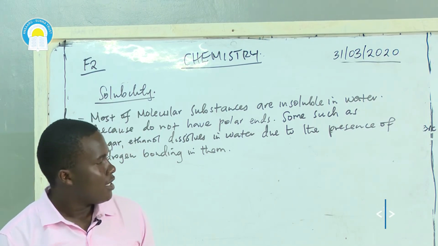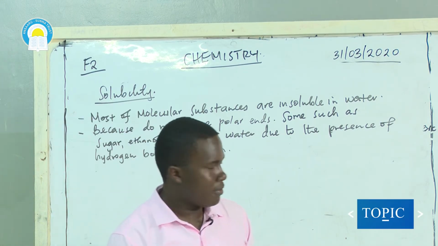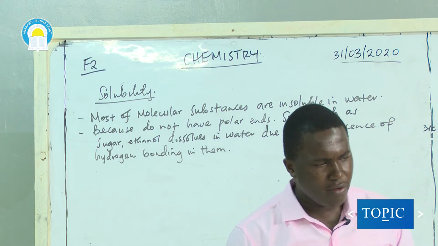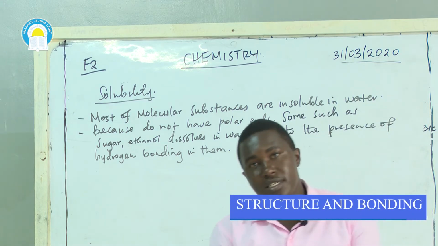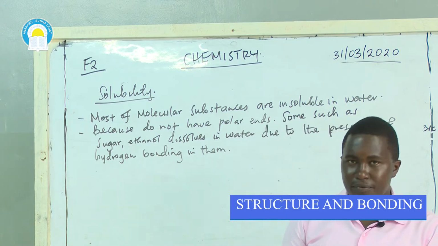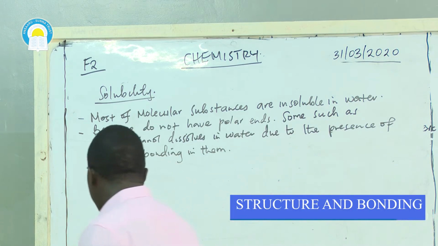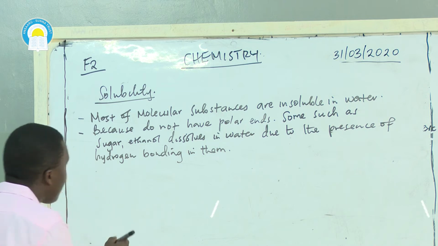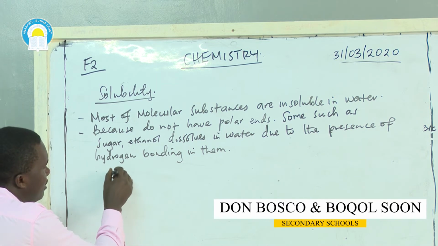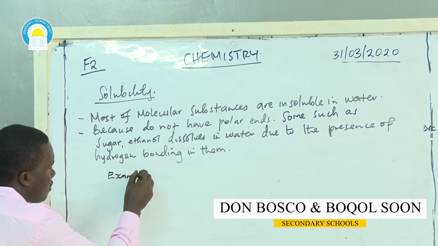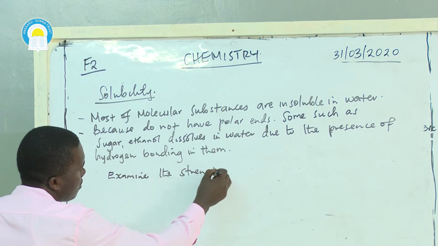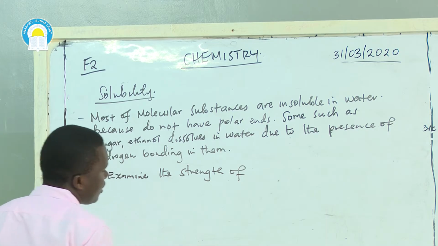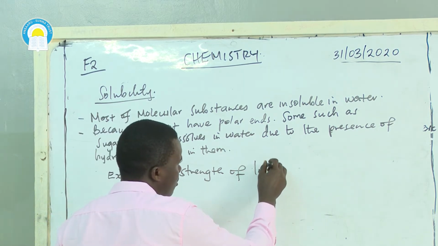So the relationship between the strength of the intermolecular forces can also dictate some of the properties of these molecular structures. For example, you want to examine the strength of intermolecular forces.